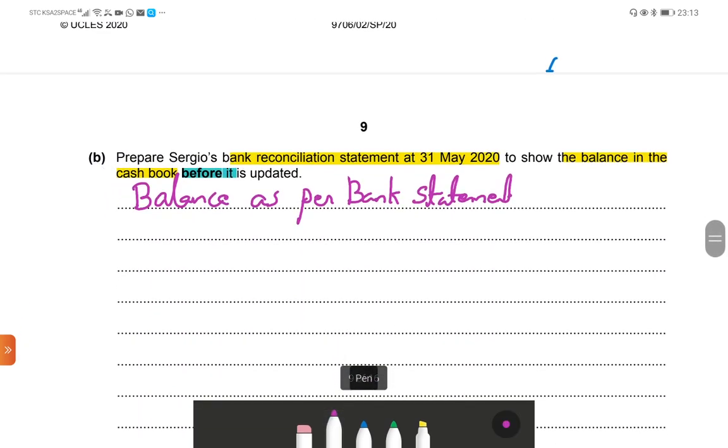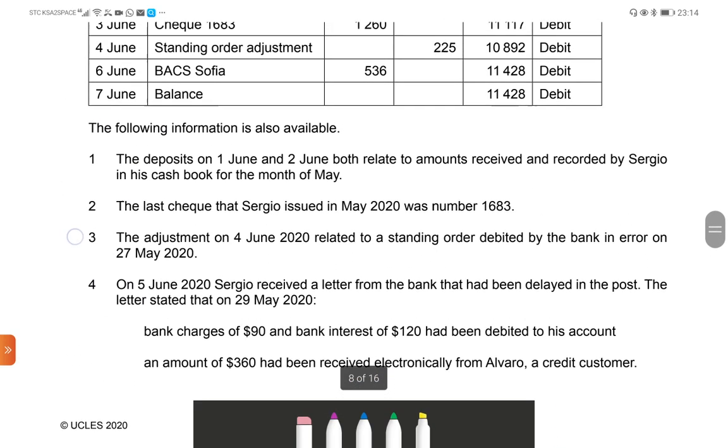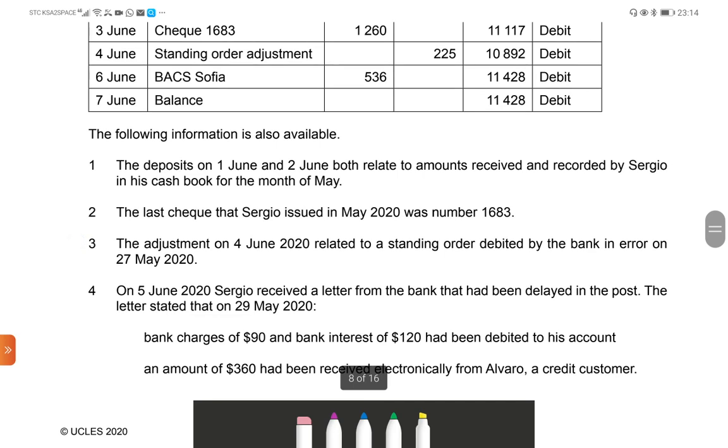It shows on the debit of bank statement, so it is on the credit. It will be equal to 12,350 bank overdraft. Okay, so they are given the bank statement and we have to check each one.